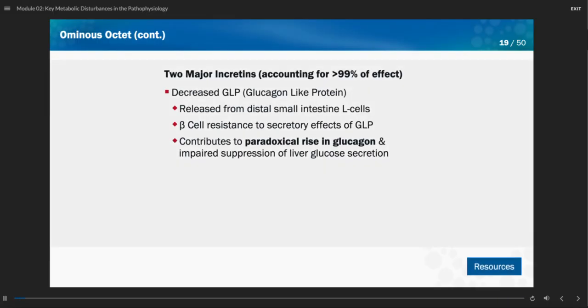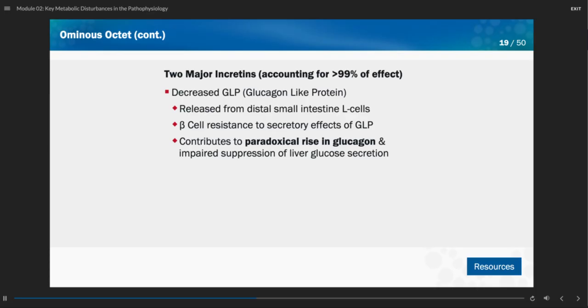There are two incretins, GLP, glucagon-like peptide, and gastric inhibitory peptide, which account for over 99% of the effects. Glucagon-like peptide, or GLP, is released from the distal small intestine from the L cells. People who have type 2 diabetes tend to have a decreased secretion of GLP, and that decrease means that there's less stimulation of the beta cells, because GLP tends to strengthen the pancreas and increase even the number of beta cells.